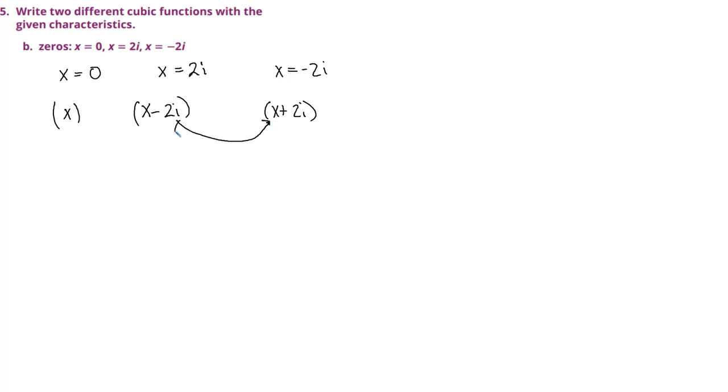This is not something that we're familiar with working with, so we need to multiply that out. X minus 2i, x plus 2i, so it gives you x squared, negative 2i x, positive 2i x, and negative 2 times negative 2 gives me a negative 4i squared.